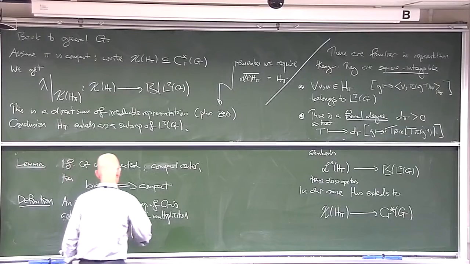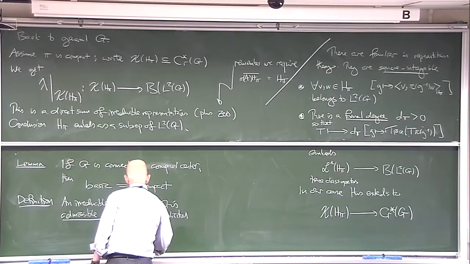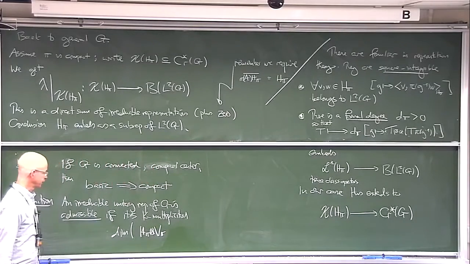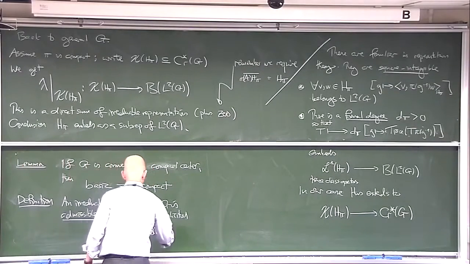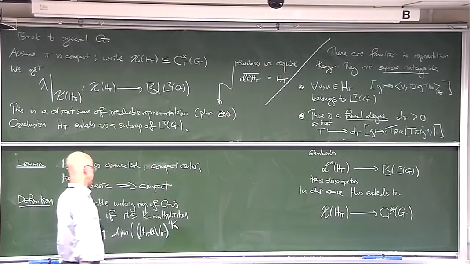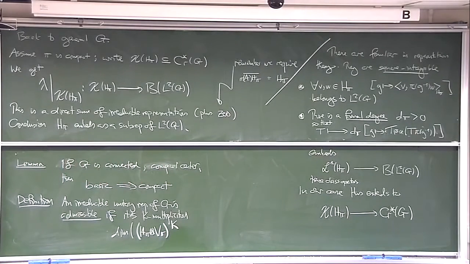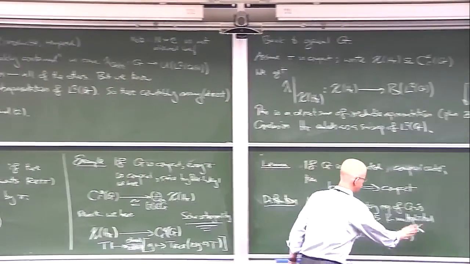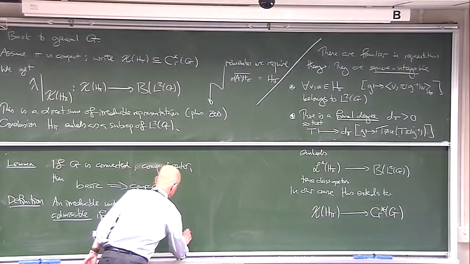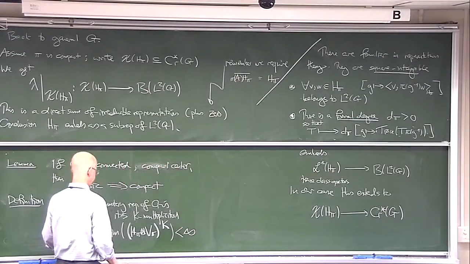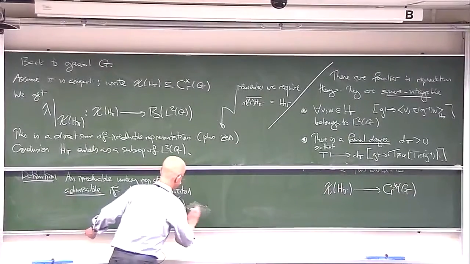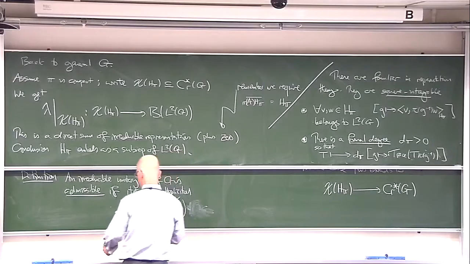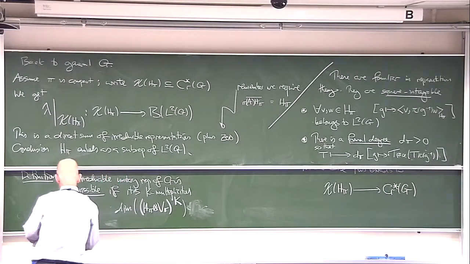You can attach a bunch of numbers to a representation by taking the Hilbert space of the representation and tensoring it with any irreducible representation of K, and then looking at the K fixed vectors. And then you get a number. This thing is a number. So as it stands, this is some integer, or maybe infinity, but the condition is that these are all finite.